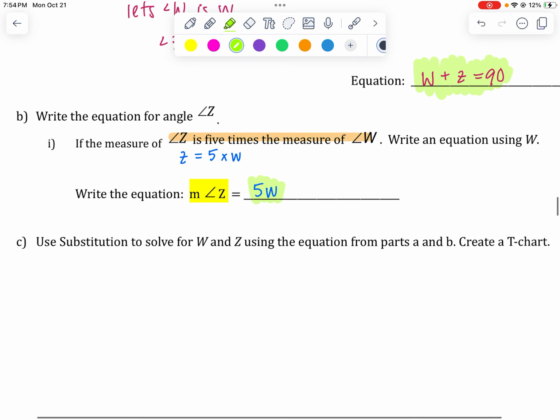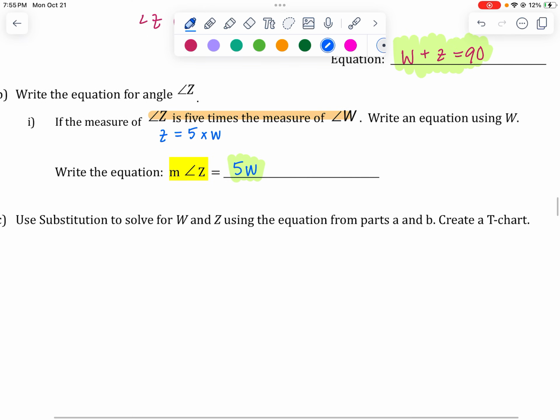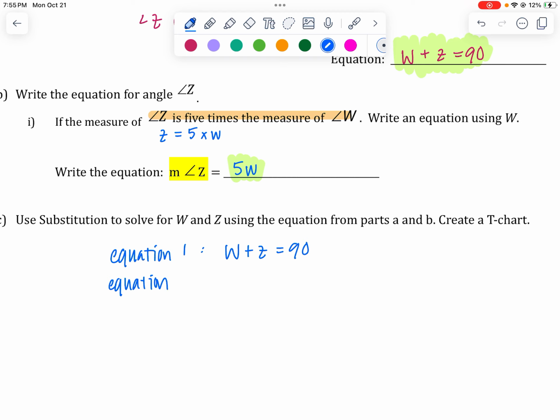Part C, it says use substitution to solve for W and Z using the equations from parts A and B, and to create a t-chart. So my first equation, equation 1, we said was W plus Z is equal to 90. And then my second equation, equation 2, was Z is equal to 5W.